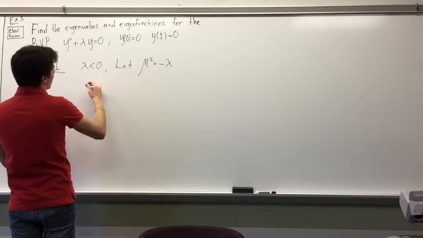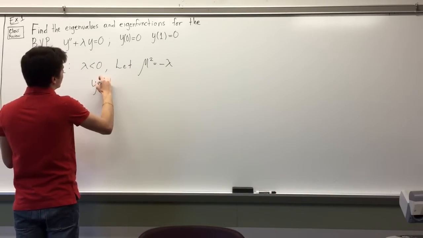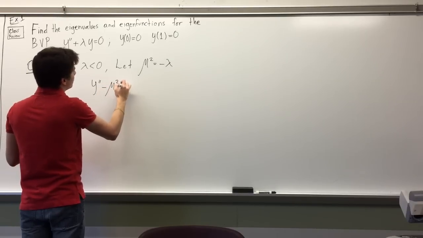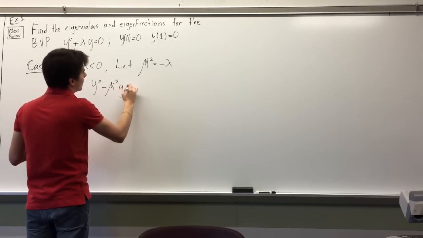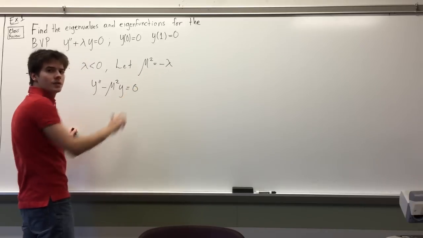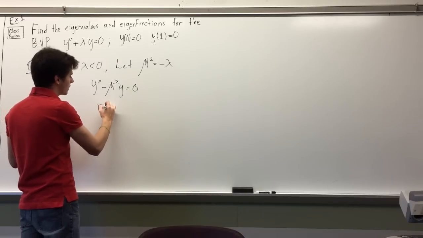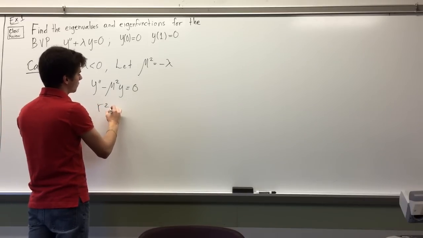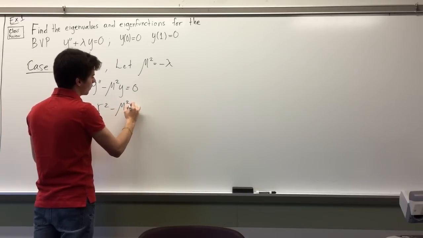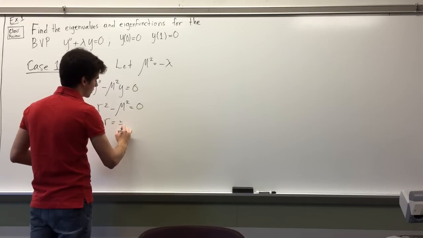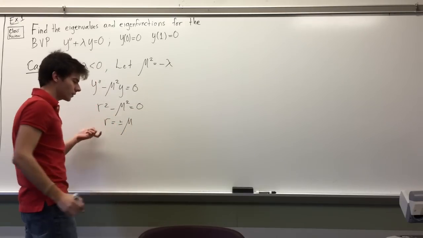Our ODE is now going to become y double prime minus mu squared y is equal to 0, because of this minus sign here. And if we write down our characteristic equation, we're going to have r squared minus mu squared is equal to 0. So r is going to be plus or minus mu.